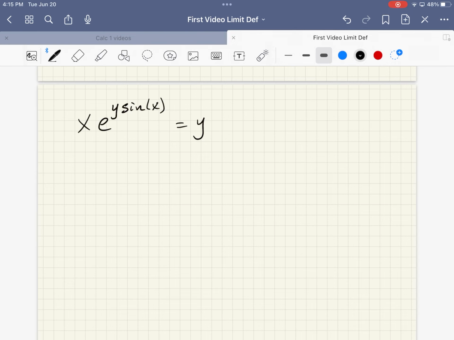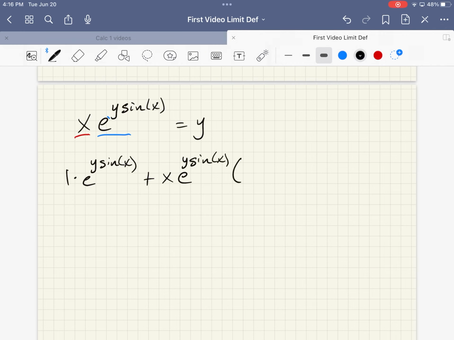Notice right here I have a function times another function, but this function here is going to be requiring the chain rule because this is e to a function here. So, all right, we'll take the derivative of the first, which is 1, times the second, plus the first times the derivative of the second. So this is where I'm going to do e to the y sine of x, and then I've got to multiply by the derivative of this.